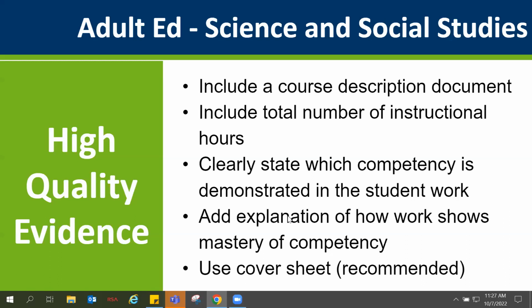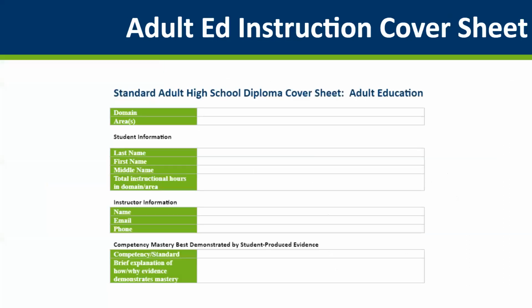And again, we do recommend that you use this cover sheet, which can work for any area, any domain, and is specific to when you are using adult education instruction as the completion option.